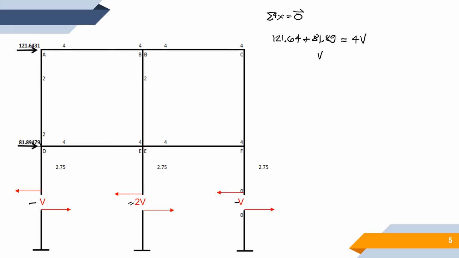Therefore, our V is equal to 50.88. And that is the value of our shear for our columns in the first floor. So that is the first step for the computation of the loads in each of the members of our frames.